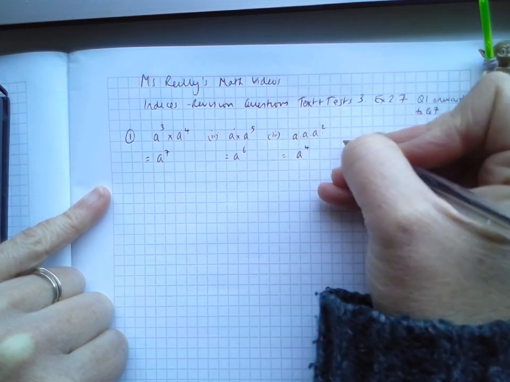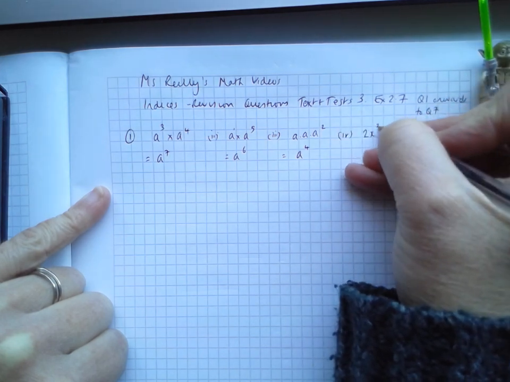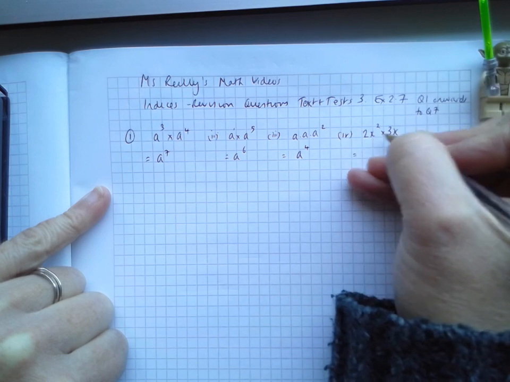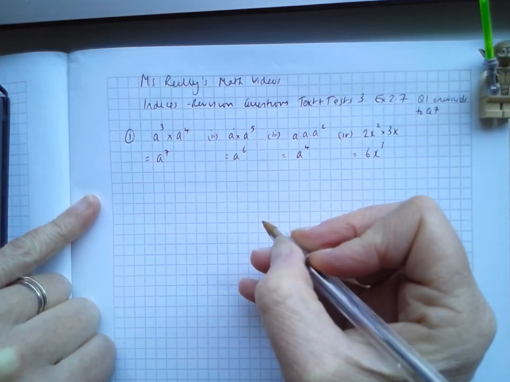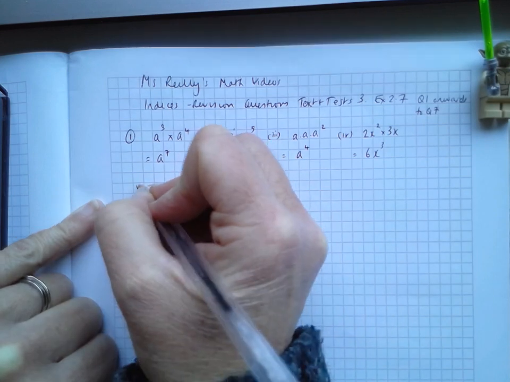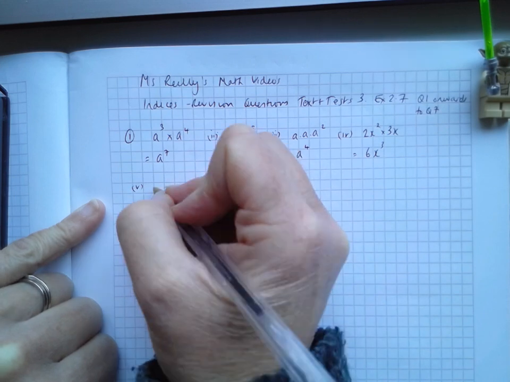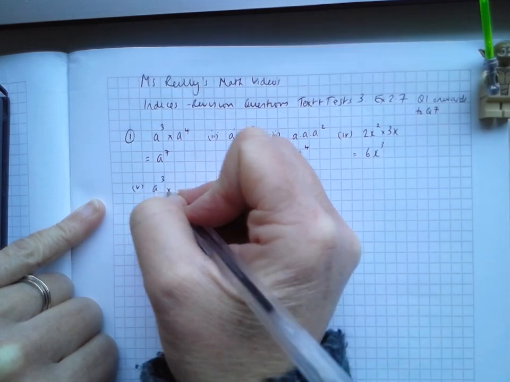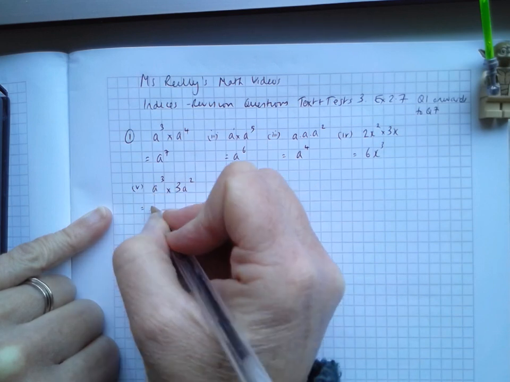Part 4, 2x squared by 3x will be 2 by 3 is 6. x squared by x is x cubed. Part 5, a cubed by 3a squared. That's 1a cubed by 3a squared, so 3a to the power of 5.